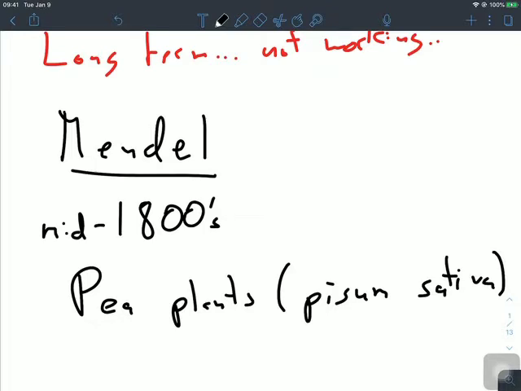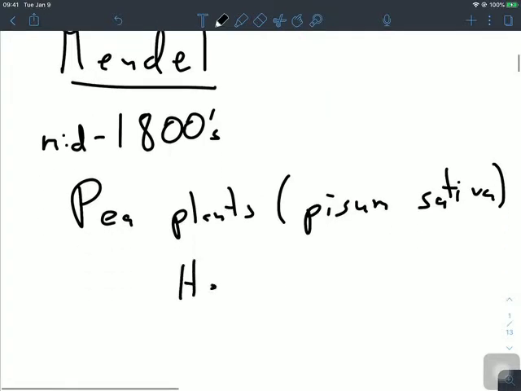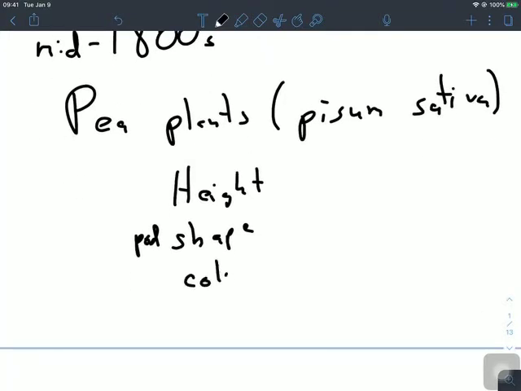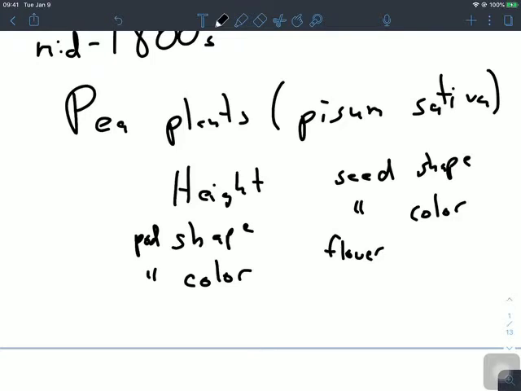He worked with 7 different characteristics: plant height, pod shape, pod color, seed shape, seed color, flower position, and flower color.